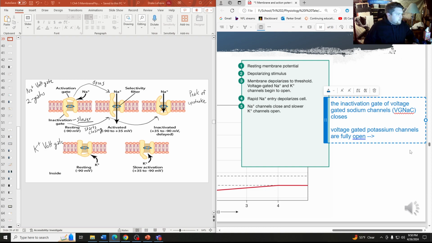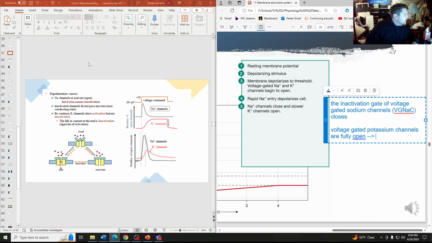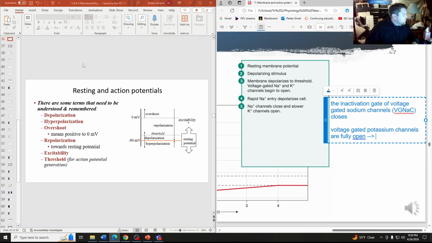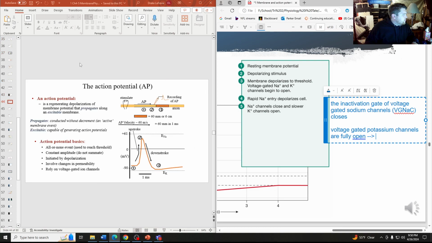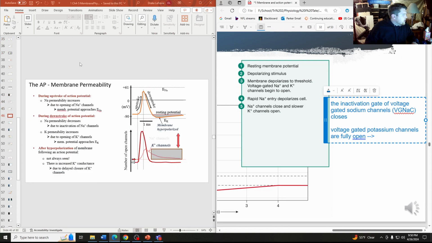So during the downstroke, our potassium permeability increases, because our potassium is able to move through the membrane, even though it's moving out of the cell.